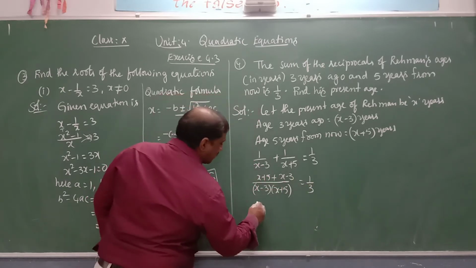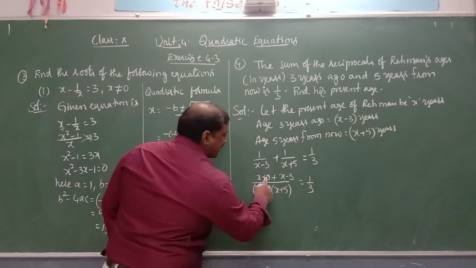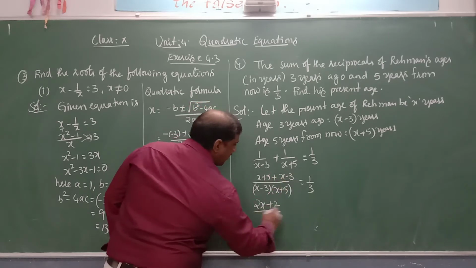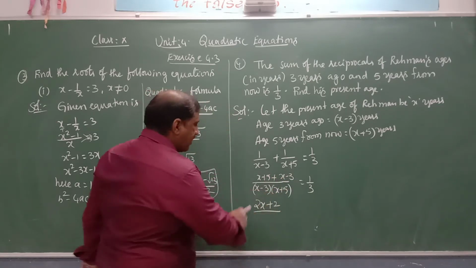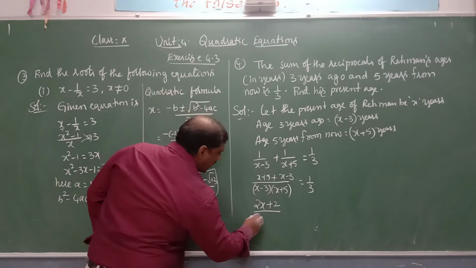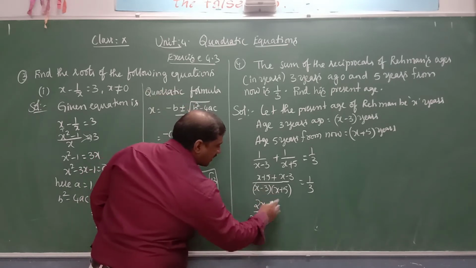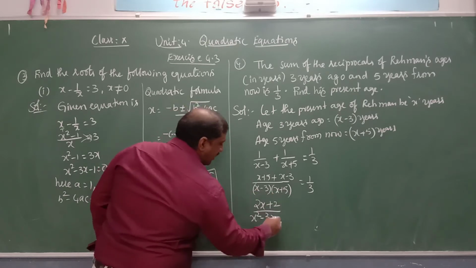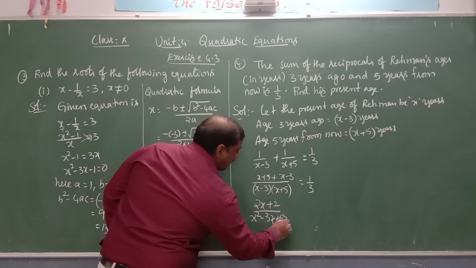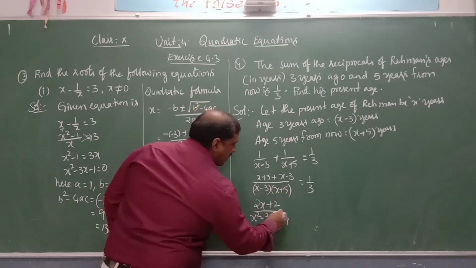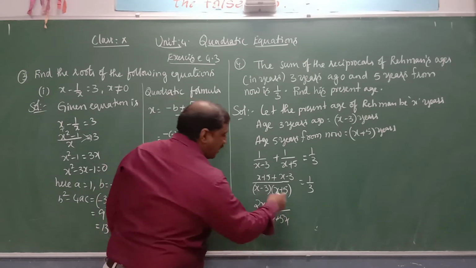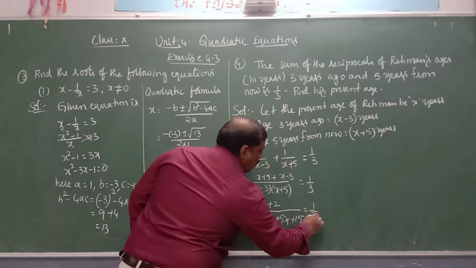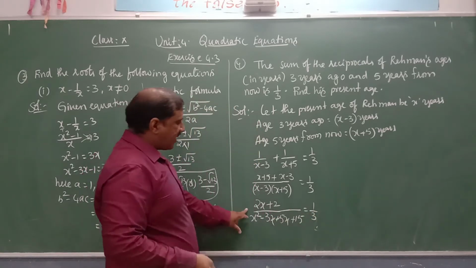X plus x is 2x, plus 5 minus 3, that is plus 2, divided by the product. X into x is x square, minus 3 into x is minus 3x. Then x into 5 is plus 5x, and minus 3 into plus 5 is minus 15, equals 1 by 3. Now simplify this.